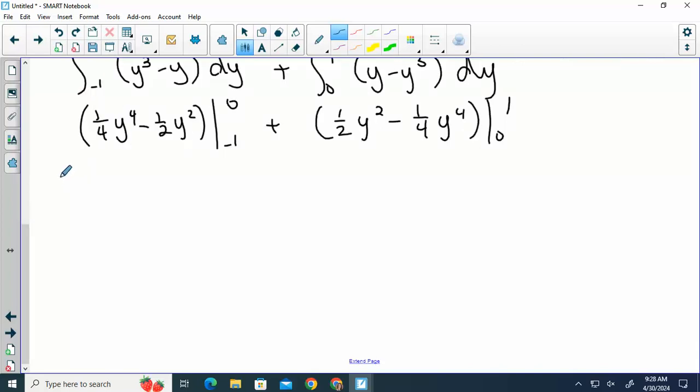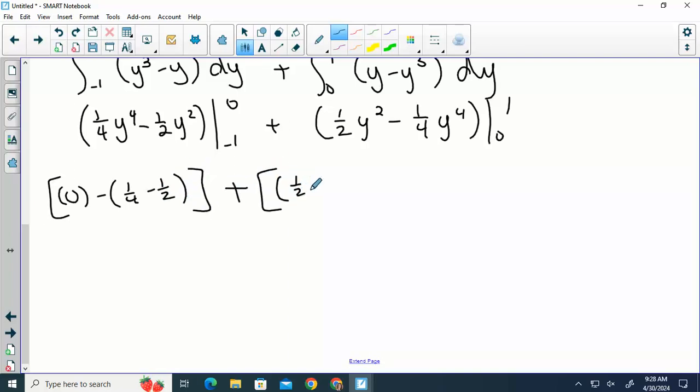So now if you plug in a 0, that just gives us 0. Minus, we put in -1, we get 1/4 minus 1/2. Over here, if you put in a 1, you get 1/2 minus 1/4. Minus, put in 0, we get 0. 1/4 minus 1/2 is a -1/4. So minus a negative makes a positive.